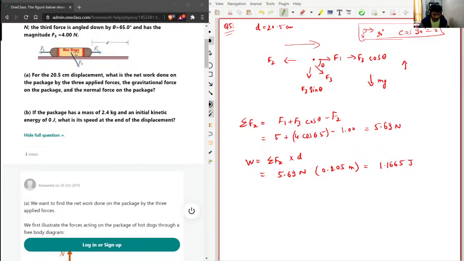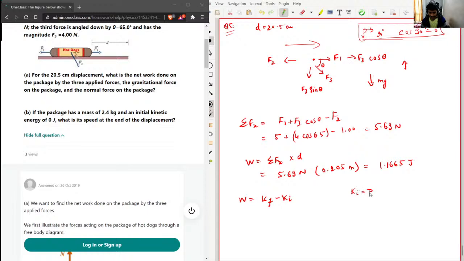And if the package has a mass of 2.4 kilograms and an initial kinetic energy of 0 joules, what is the speed at the end of the displacement? So work done is nothing but change in kinetic energy, which is final kinetic energy minus initial kinetic energy.